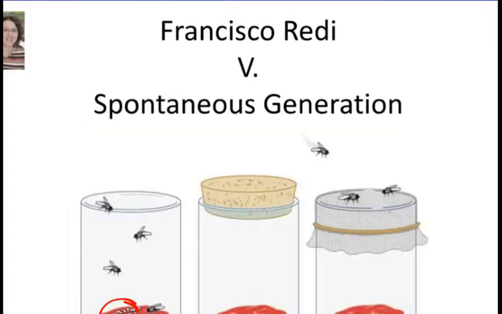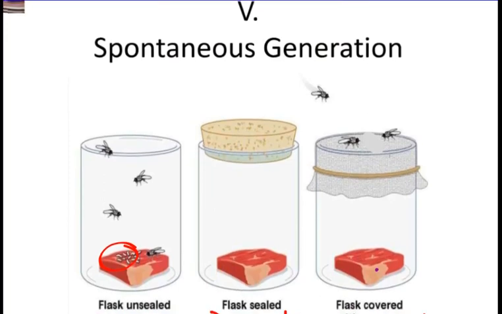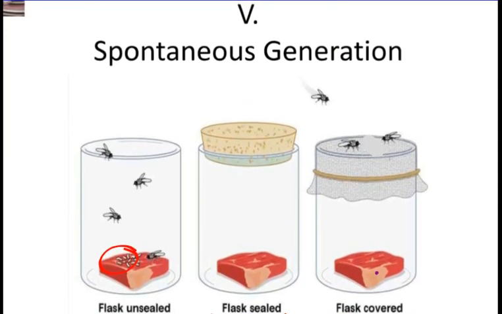To make his point, he set up this experiment. And remember, our three competing claims here are that maggots come from meat, maggots come from the air, and maggots come from flies. So he set up an experiment to test each of those claims.